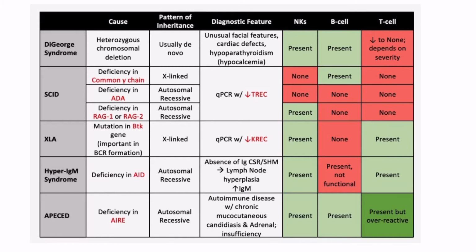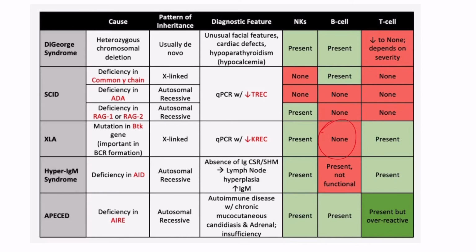A mutation in our BTK gene, which is involved in the BCR formation, means that obviously we're not going to have any B cells. This condition is actually called agammaglobulinemia, which is abbreviated XLA. And many things can point to XLA versus SCID.